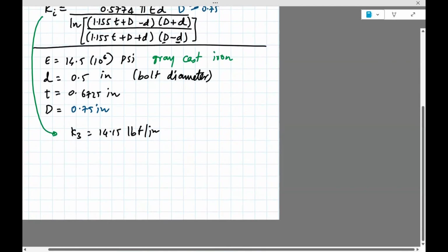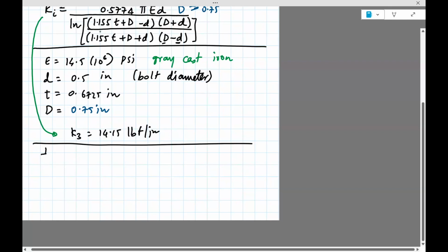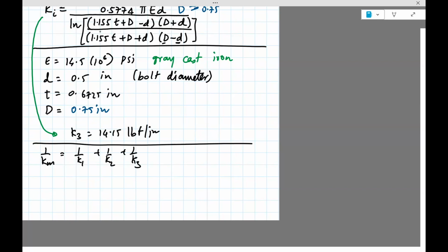And now that we've got all three, we can compute Km is 1 divided by K1 plus 1 divided by K2 plus 1 divided by K3, which is 1 divided by 30.8 plus 285.5 plus 14.15, and then the whole thing is 10 raised to negative 6. So Km comes out to be 9.738.